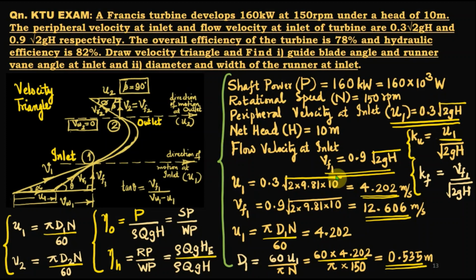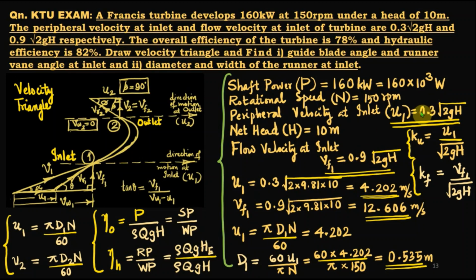Now the flow velocity expression Vf1 given is 0.9 into root of 2gh. We know that the flow ratio K suffix F is equal to Vf by root of 2gh. Based on the inlet conditions, K suffix F1 is equal to Vf1 by root of 2gh, so Vf1 will be K suffix F1 into root of 2gh. In fact the flow ratio based on the inlet condition is 0.9.